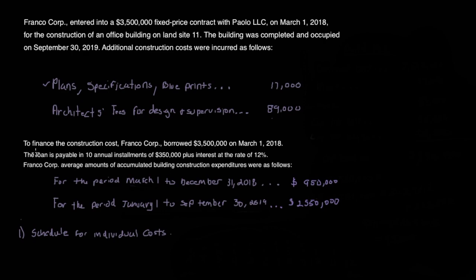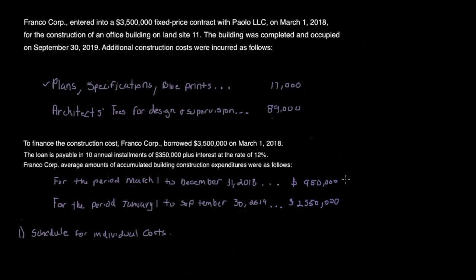Moving on to the bottom, to finance the construction cost, Franco Corp borrowed $3.5 million on March 1st, 2018. The loan is payable in 10 annual installments of $350,000 plus interest at a rate of 12%. The average amounts of accumulated building construction expenditures are as follows.